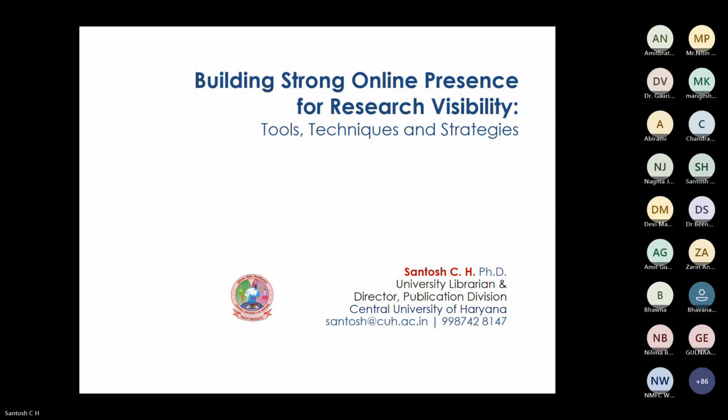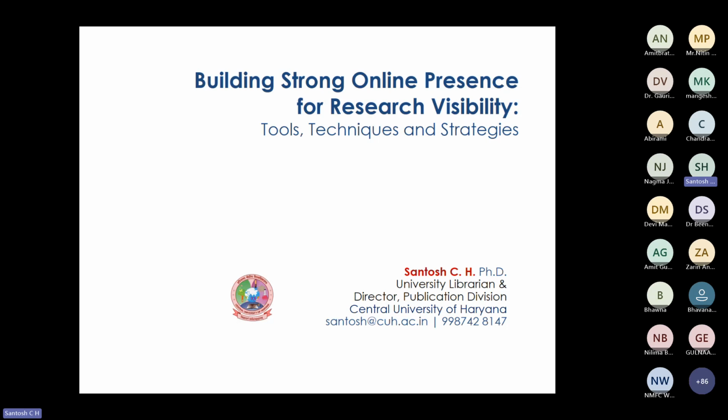Friends, as the title denotes that it is about research visibility, here I am going to cover three important groups. The first group is researchers, and the second group is about research, meaning what all we do in research. We publish, and we also conduct research. And the third is employers or the institutions wherein we are working. So in my presentation, I am covering these three groups as far as visibility is concerned.